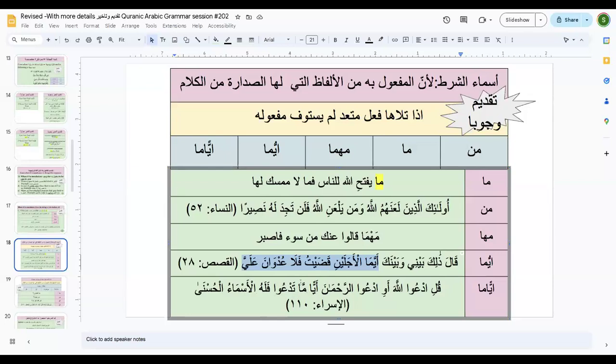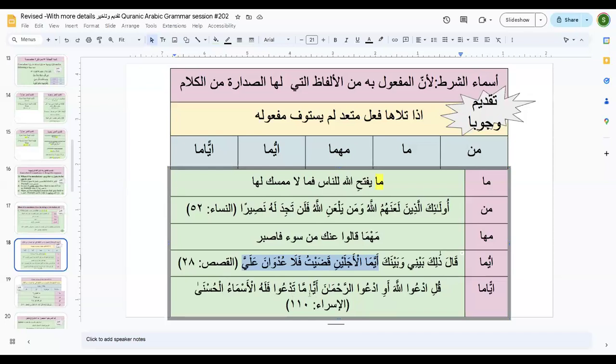So ma zaida, ayya is going to be your adwatu shart jazima, and that is why the word after it is tad'u and not tad'una. You notice that? Why is this mudari' majzoom? It is majzoom because of ayyan. The noon got dropped because it was made majzoom because of ayyan. So ayyamma tad'u falahul asma'ul husna.